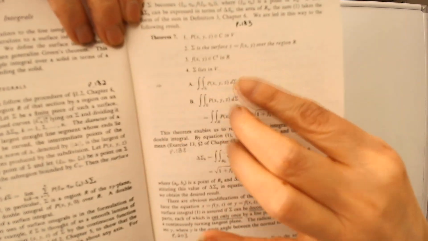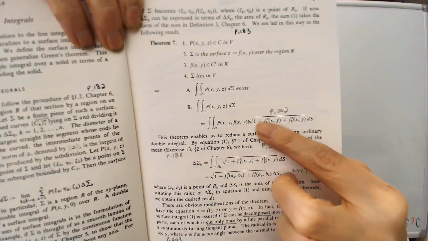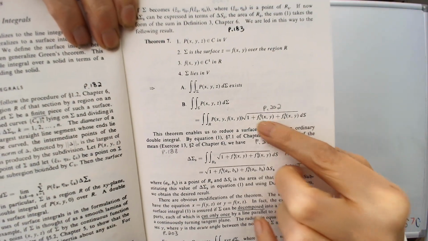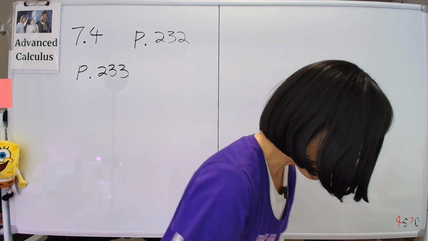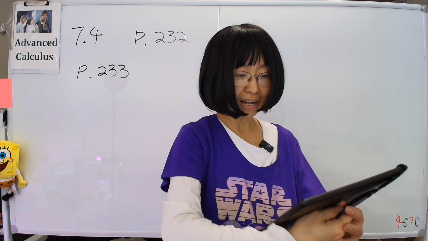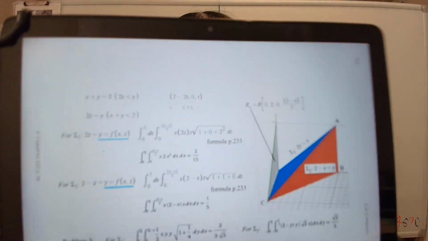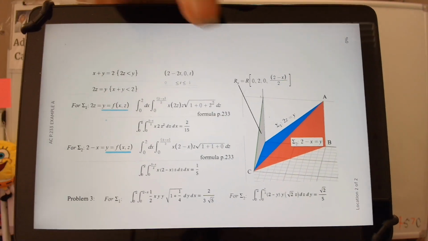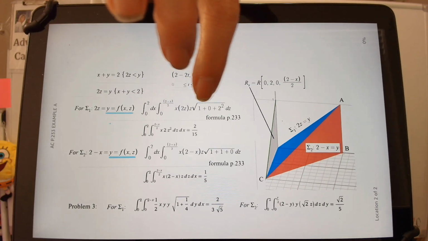The function now is, instead of xy, xz, but that changes nothing. We take the first and second partial derivatives, square them, add 1, take the square root, and come up with some value. That will give us this thing right here. And so that's what I did. I wrote down the formula and have this integration out.